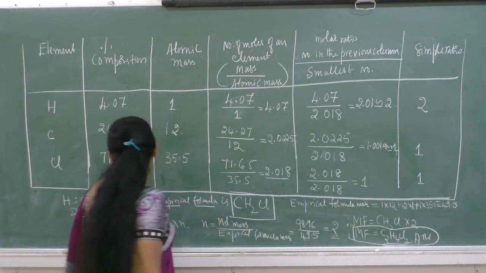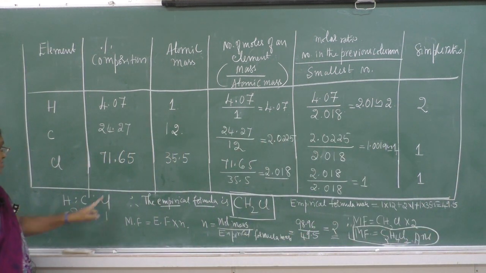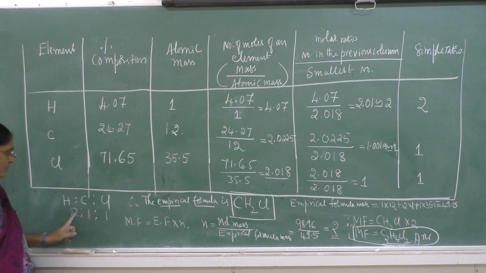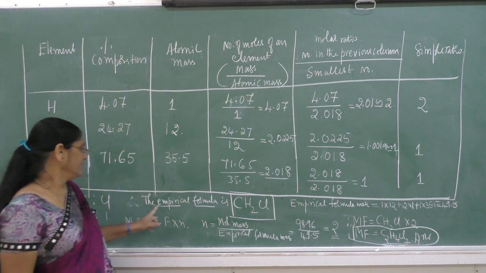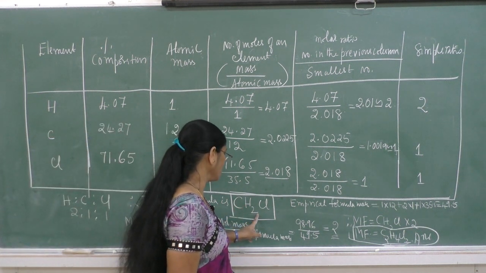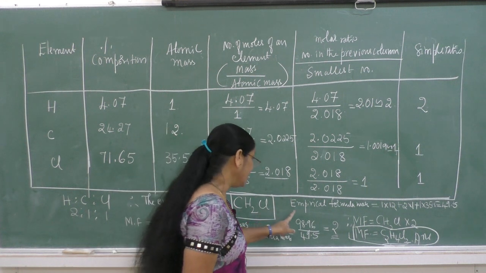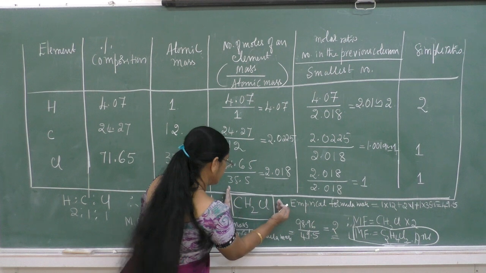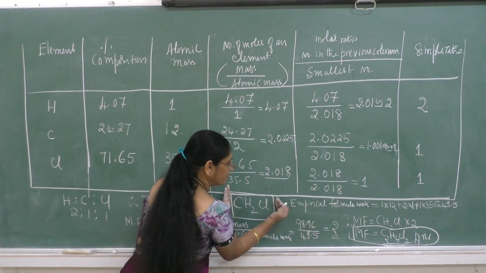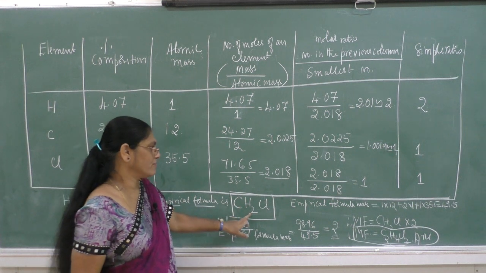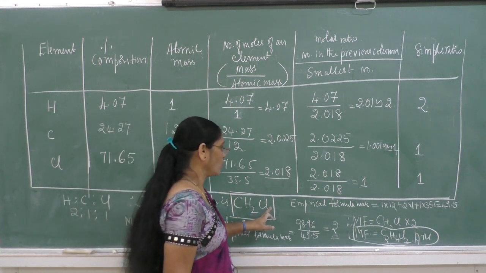What is the simple ratio of hydrogen, carbon and chlorine? They are in the ratio 2:1:1. Then the empirical formula is CH2Cl. Then calculate the empirical formula mass. What is the mass of this empirical formula? There is 1 carbon, 2 hydrogen atoms and 1 chlorine atom.